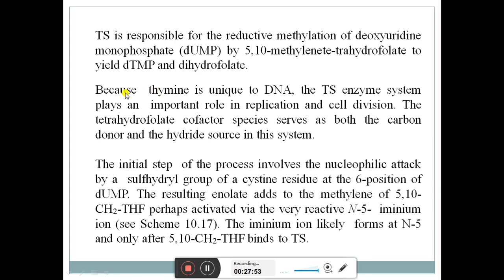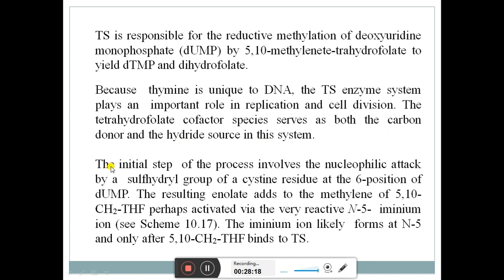Because thymine is unique to DNA, the thymidylate synthase enzyme system plays an important role in replication and cell division. Tetrahydrofolate is a cofactor species which serves as both the carbon donor and the hydride source in this system. So now you have got an idea.